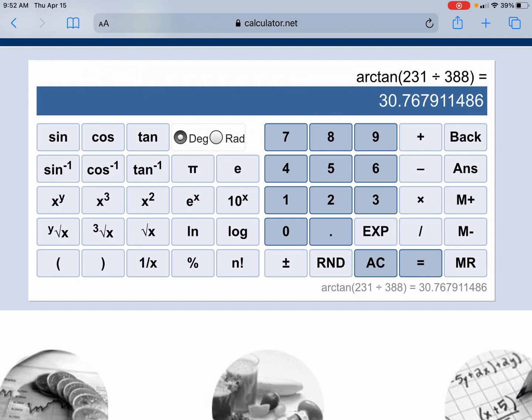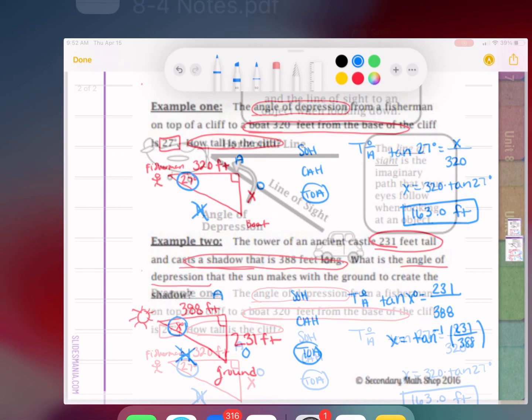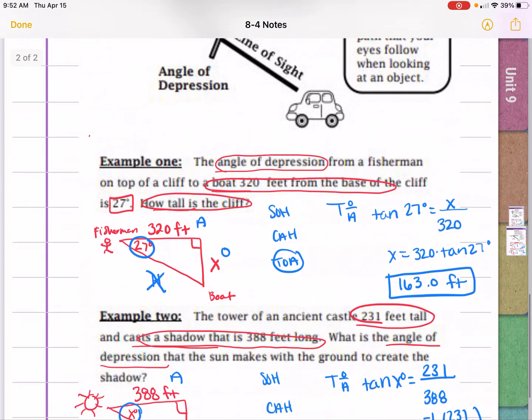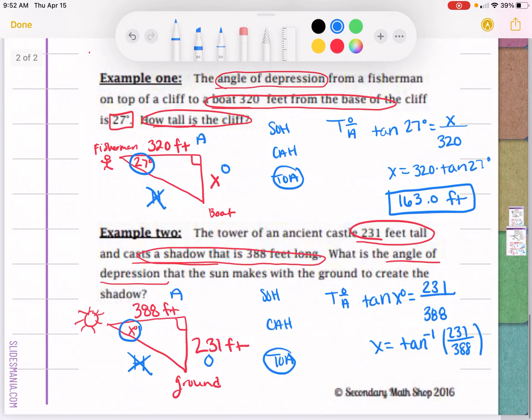So I get about 30.8 degrees for this one. And I'm going to put degrees because we're solving for the angle. So that would be the angle that the sun is making looking down to that ground.